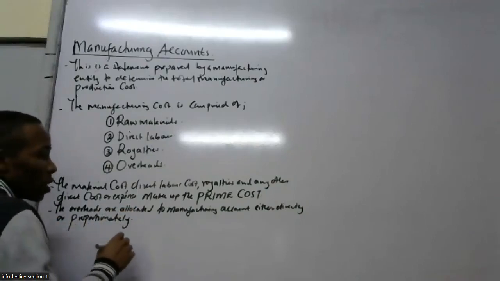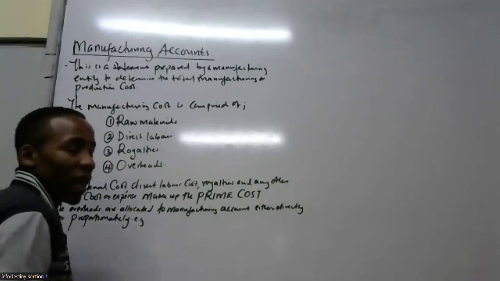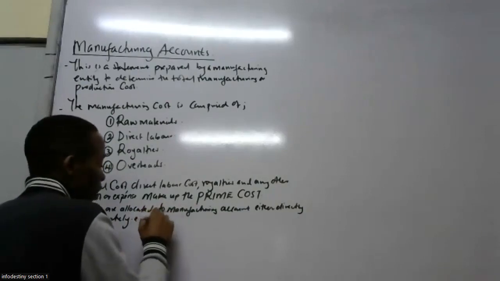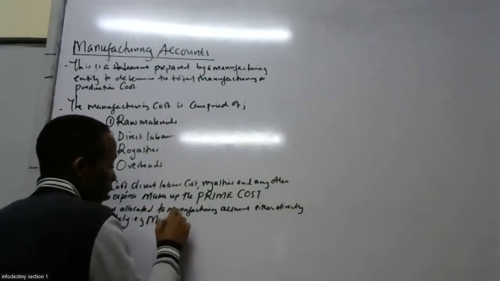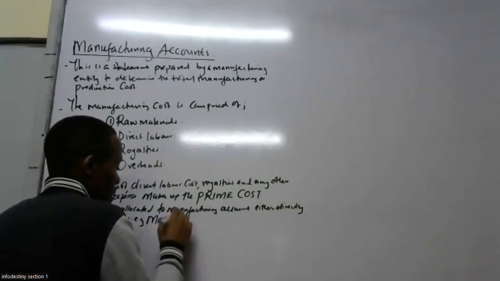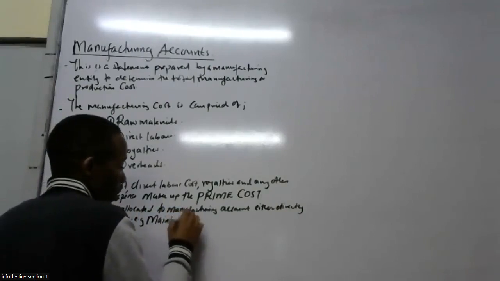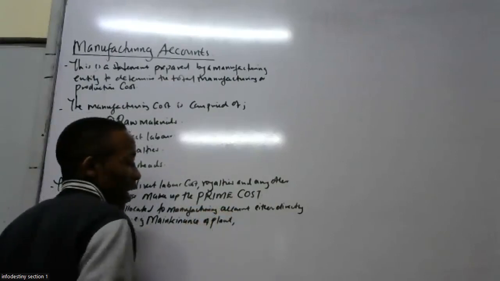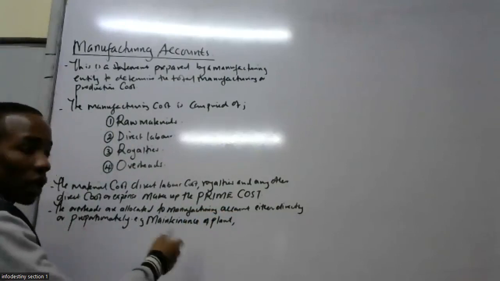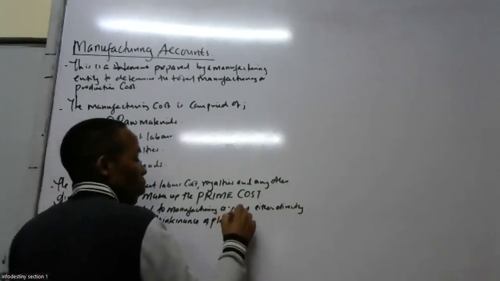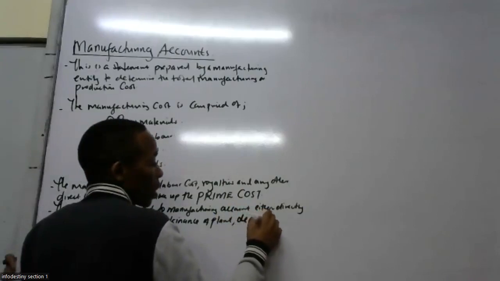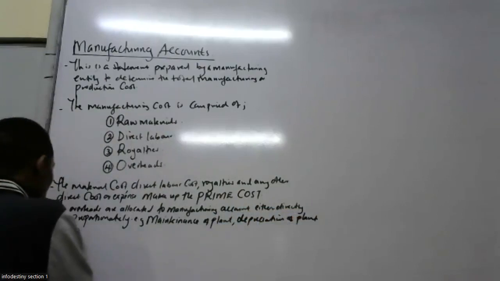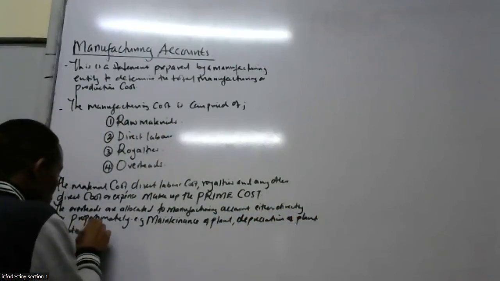So some of the direct overheads, it's something like maintenance of plant. That's a direct overhead, a direct allocation. Also, depreciation of plant and machinery.